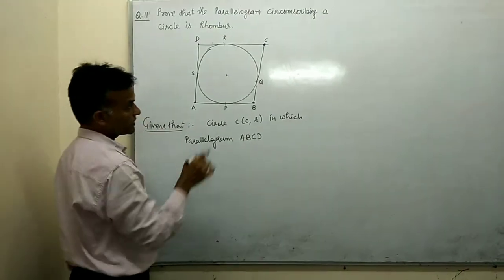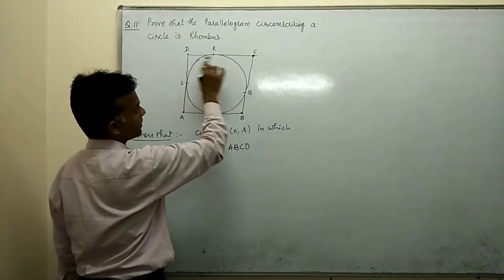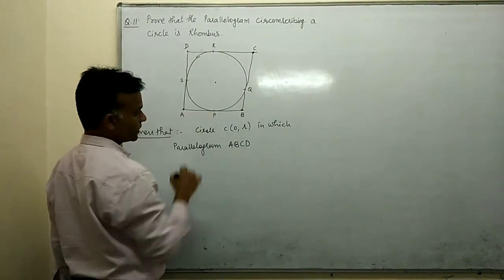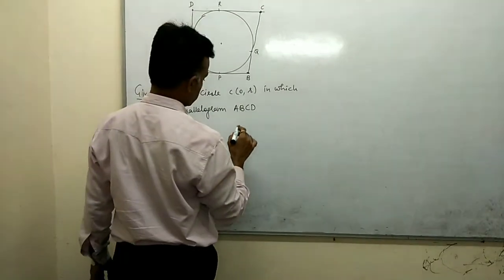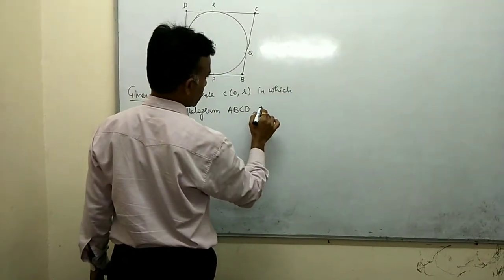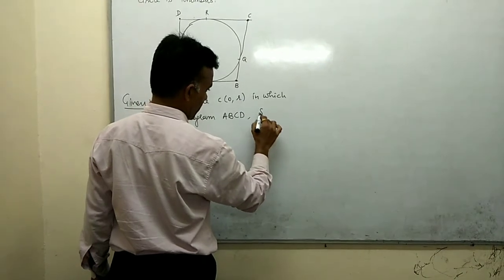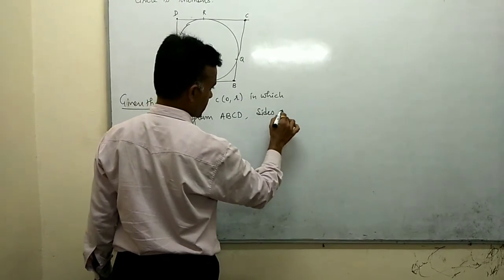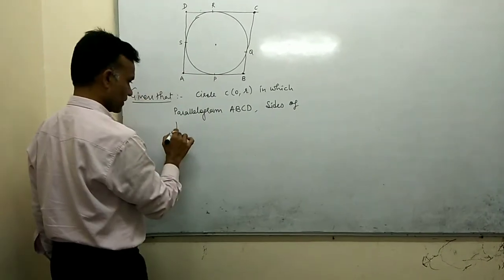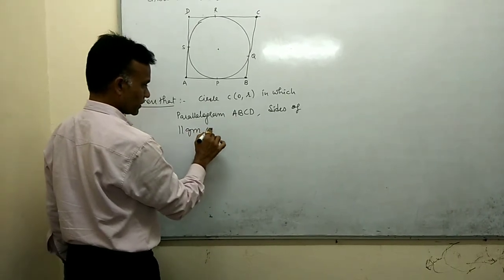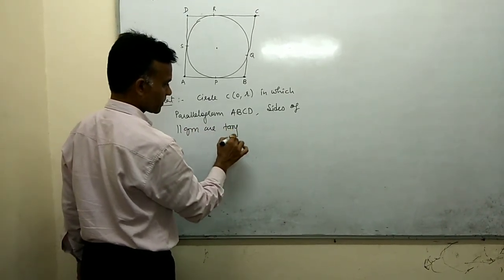Okay, parallelogram means opposite sides are equal. AB is equal to CD and BC is equal to AD. And the sides of the parallelogram ABCD are tangents.